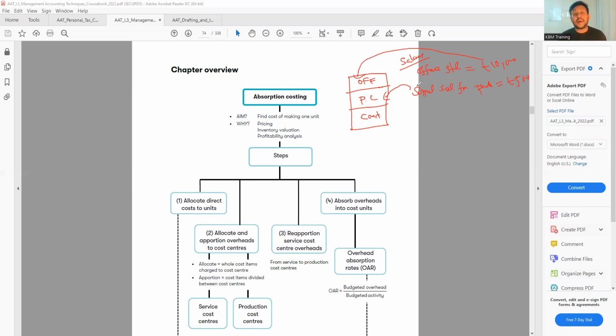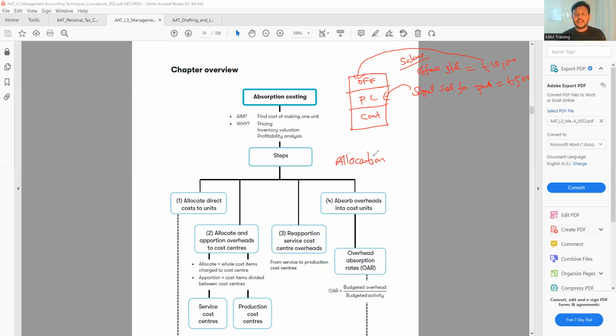So my point here is, if I already know this cost belongs to that department, we call it allocation. Allocation means I already know this cost belongs to that department, so I can transfer the whole cost to that department.